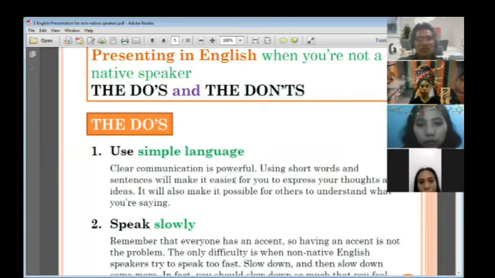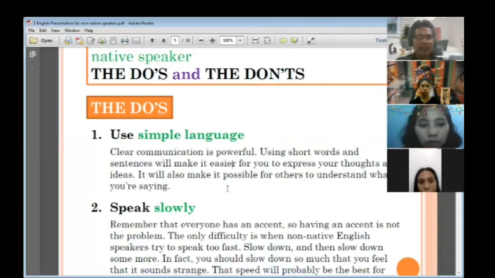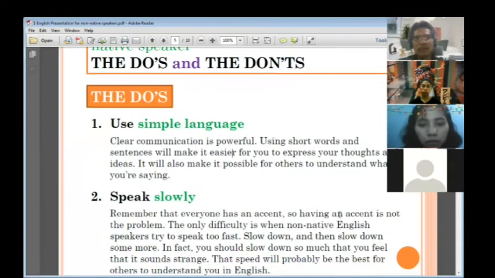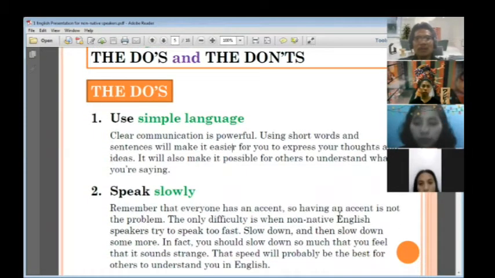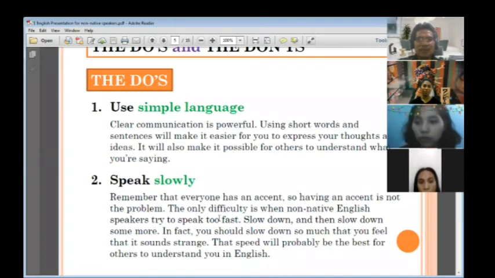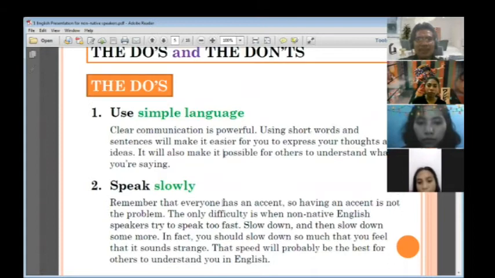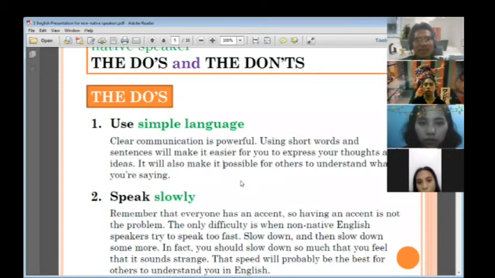The do's number one is using simple language. When you are talking in front of the public, use simple language. Because when you use complicated language, it's going to be difficult for listeners to understand your topic. Clear communication is powerful.